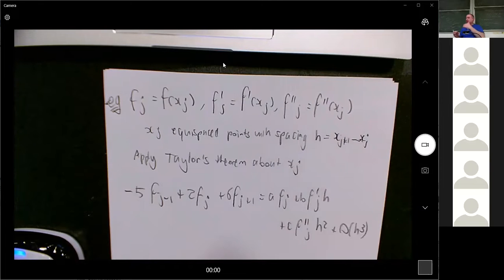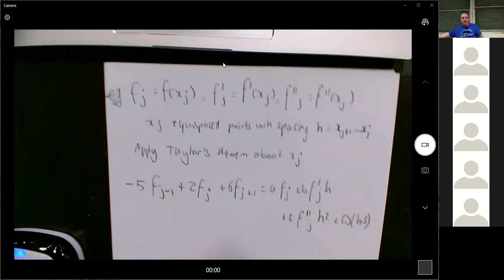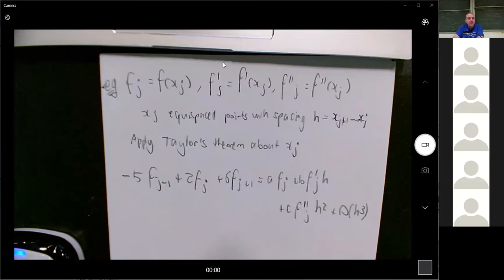And we apply Taylor's theorem around the point xj. And then it says minus 5 of fj minus 1 plus 2fj plus 6fj plus 1 is a fj plus b f dash j h plus c of f double dash j h squared plus o of h cubed.